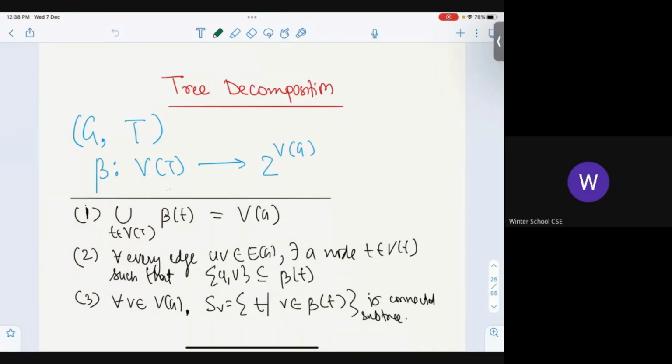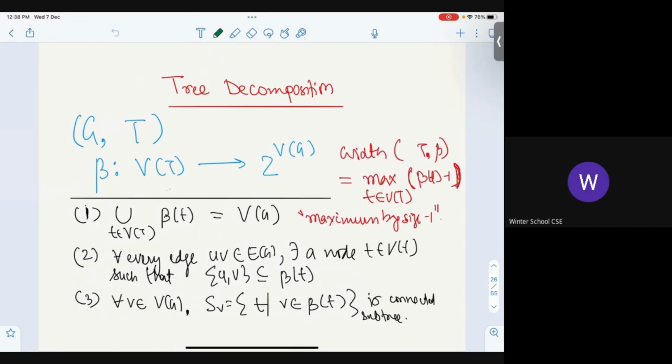All good? So now you tell me, what will be the width of this decomposition? It is now very easy. We defined the load of any vertex as the size of the bag. So the width of T comma beta is the maximum bag size minus 1. That's it.